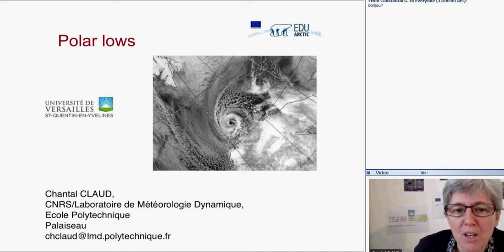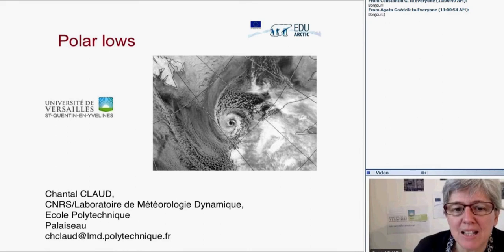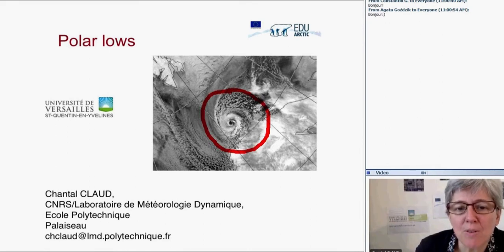What is a polar low? This is an extremely intense cyclone which forms over high latitudes and which can be seen here, which looks a bit like a tropical cyclone. So here this polar low has developed between northern Norway here and Spitsbergen. You see the sea ice border here, and also you see these clouds, which are very typical.